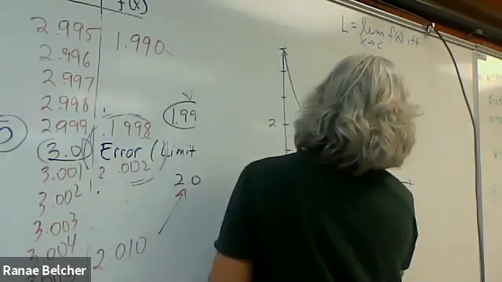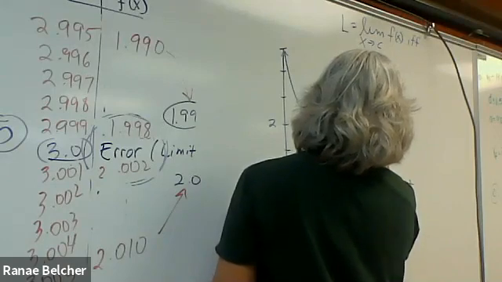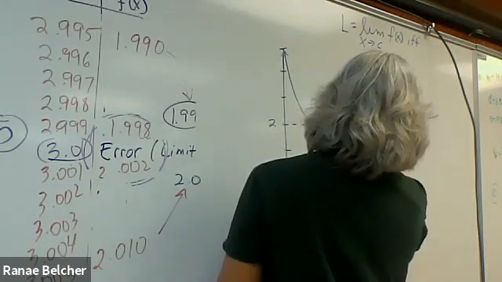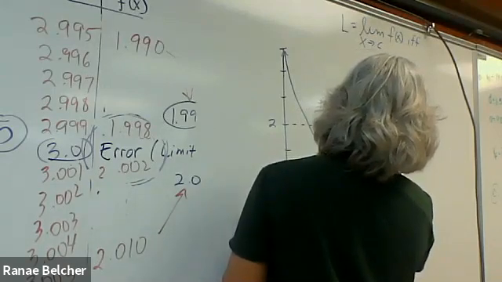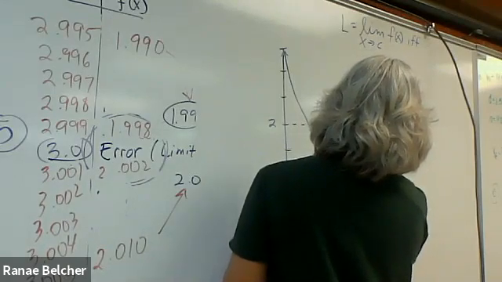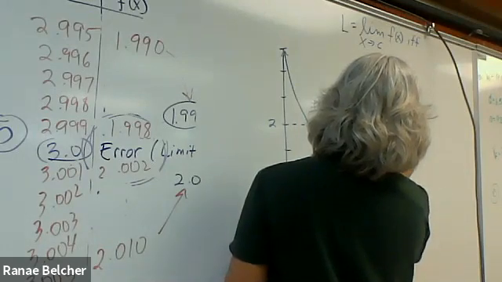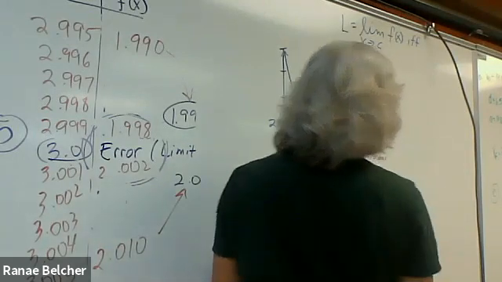So that means that this distance in between here is delta. All right, that makes sense?